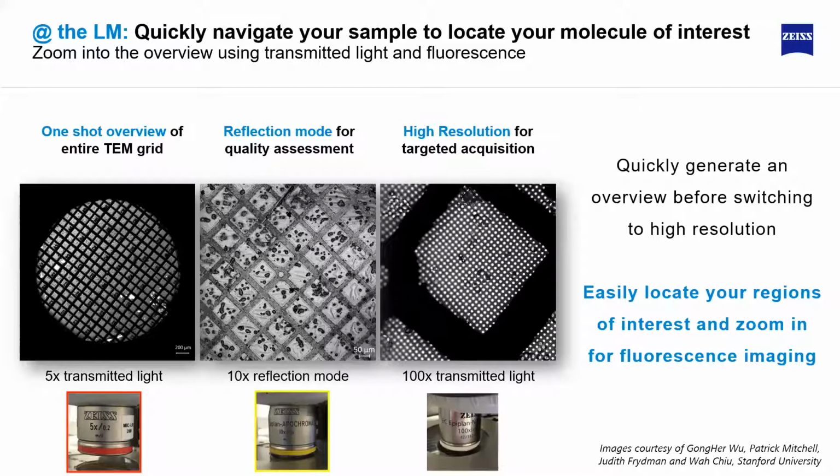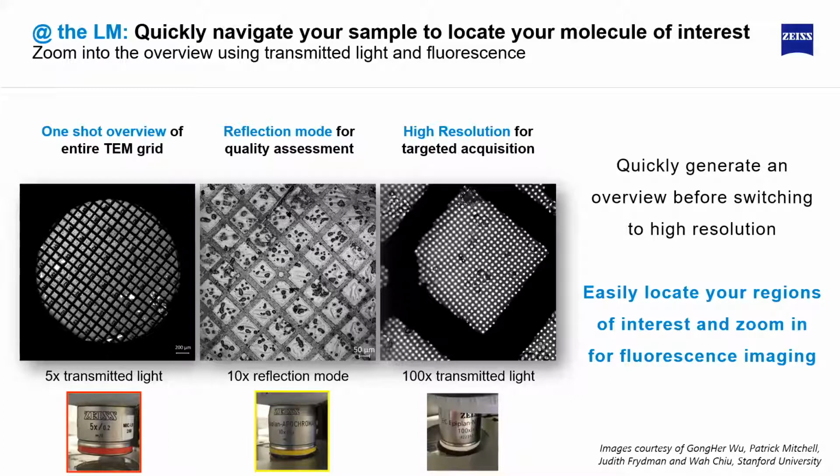The single-shot 5x overview is an excellent and quick way of navigating around the sample. From the 5x overview, the objective can be changed into the 10x, which provides a higher resolution image of the sample. Using this objective, the sample can be imaged using fluorescence to find the molecule of interest, or using reflection mode to look at the grid's thickness and general sample quality.